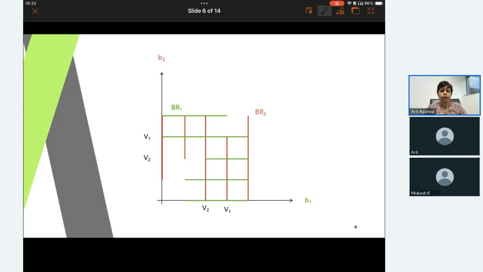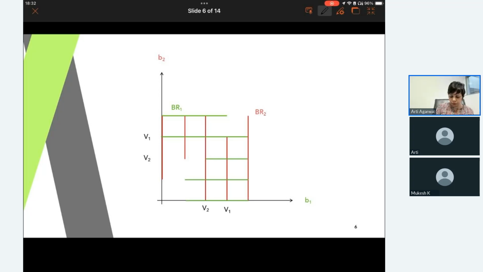On the y-axis you have bidding strategy B2 of player 2. And what we are plotting are best responses. So the green lines are the best responses of player 1, and the red lines are the best responses of player 2. Now, if you see, I have marked V2 and V1 here.